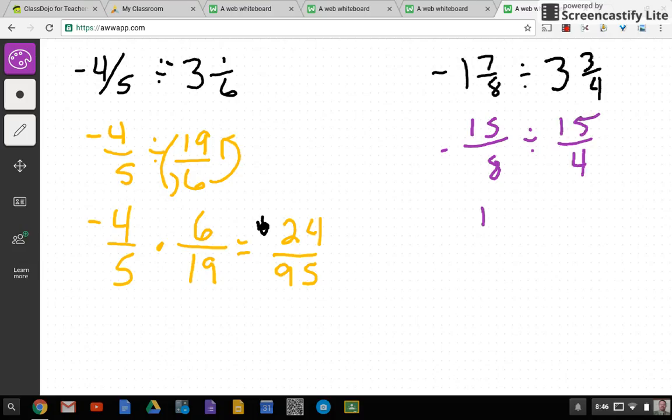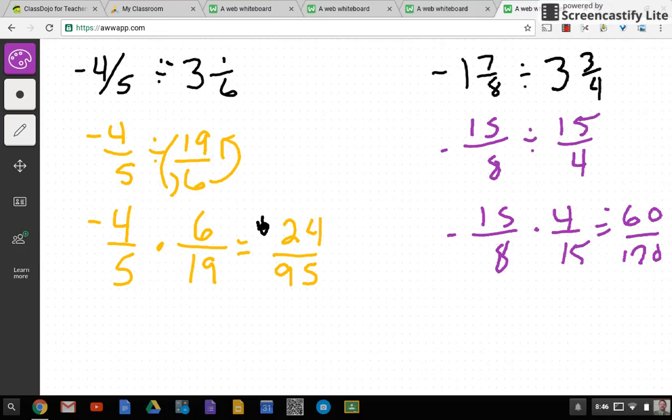So negative 15/8 times 4/15. 15 times 4 is going to be 60. So that's negative 60. And 8 times 15 is going to be 120.